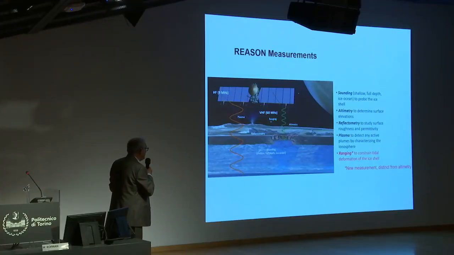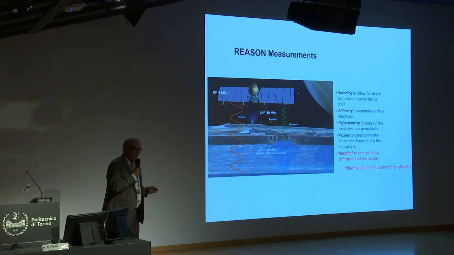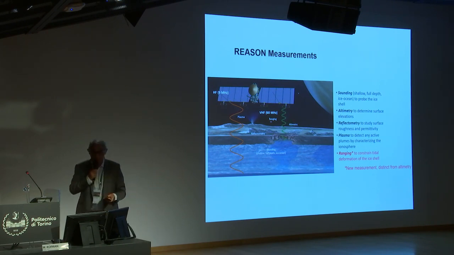And in addition, you have the 60 megahertz radar, which will be used essentially to study the close subsurface and to analyze the surface echo, because it will also work as an interferometer, this 60 megahertz VHF radar. I think that's all I wanted to say. Thank you.